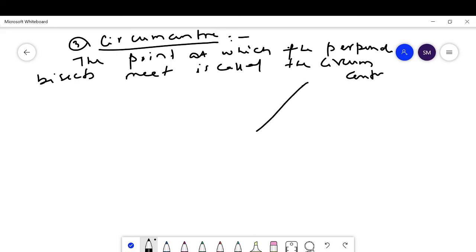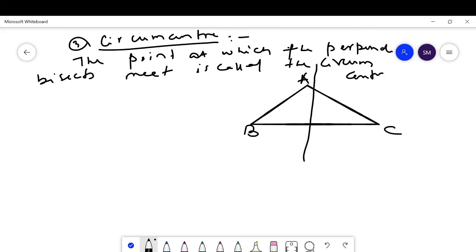Suppose ABC is a triangle. The perpendicular bisectors mean this and this. Here they must be concurrent, means they must meet at one point. This is called the circumcenter of the triangle.